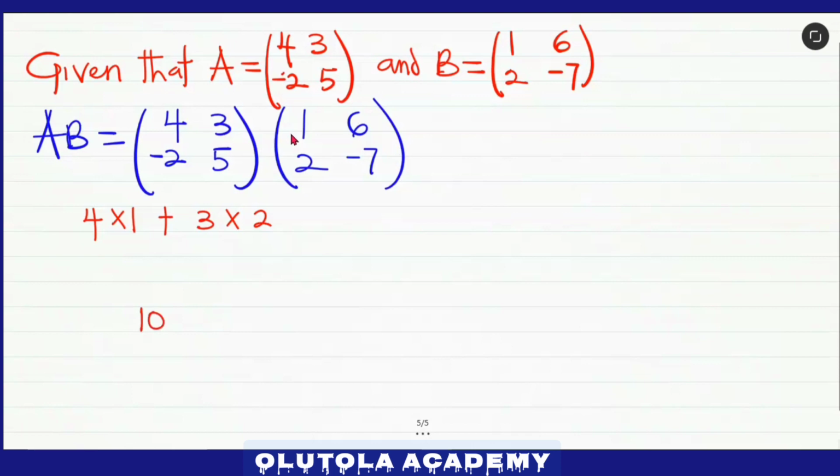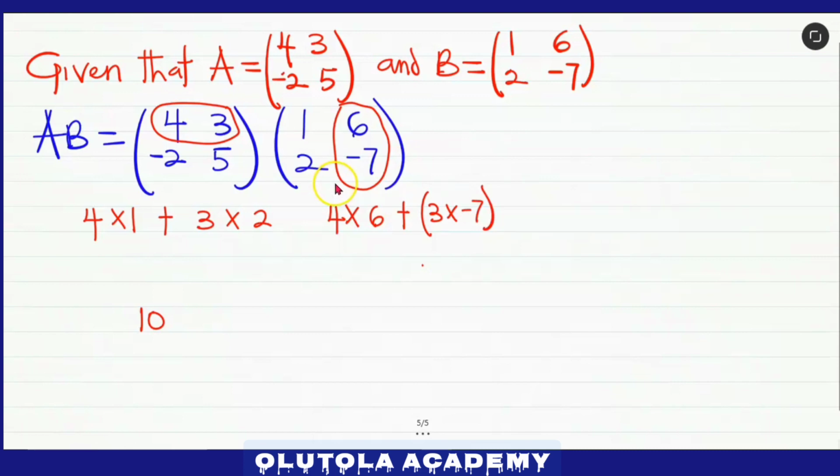So I will multiply this again with this. That's 4 times 6 plus 3 times -7. That will give us 24 plus -21, that's 24 minus 21, which gives us 3.